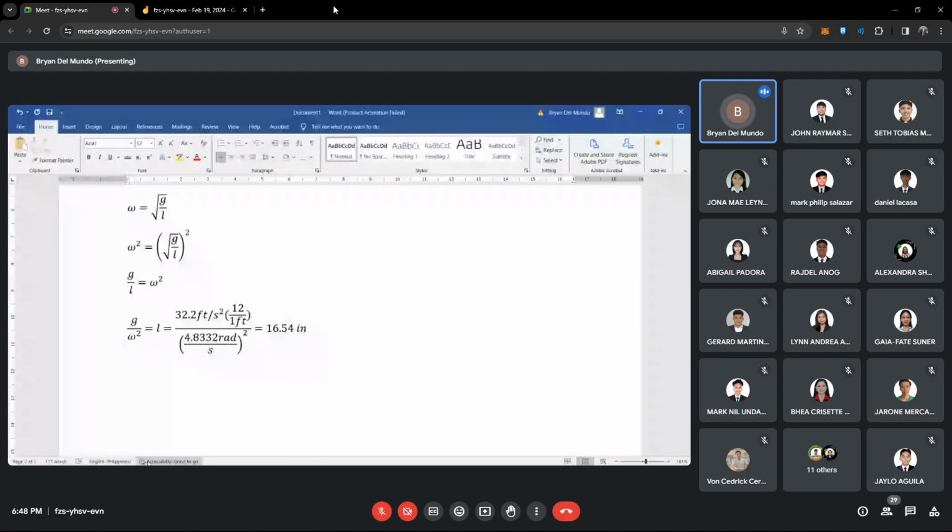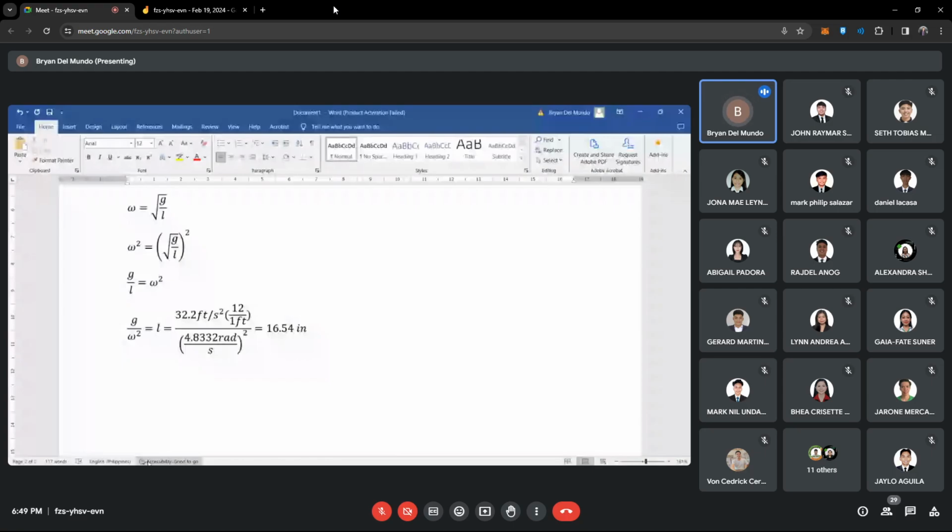So ito yung formula natin kanina. So since meron na tayong value ng S, or ito yung amplitude natin, so yung S natin or yung displacement natin is also equivalent dun sa ating amplitude. And then yung R naman is equivalent kay length ng ating pendulum.